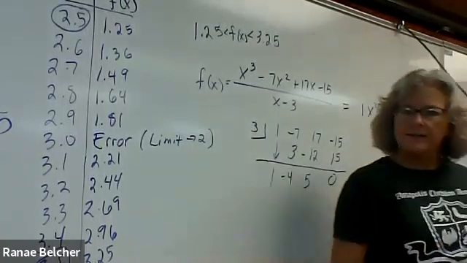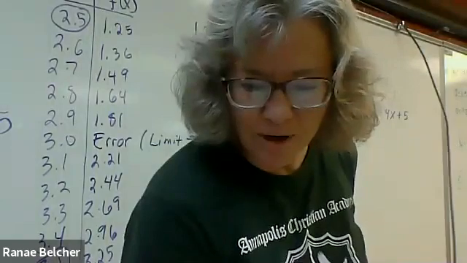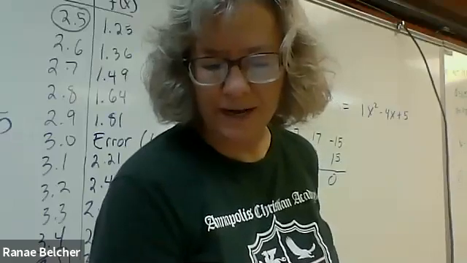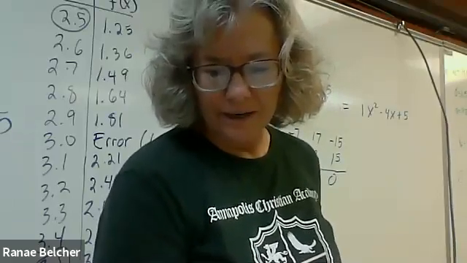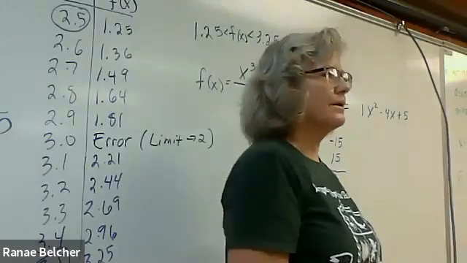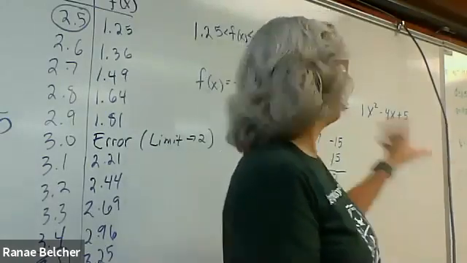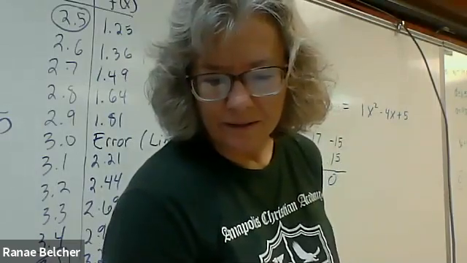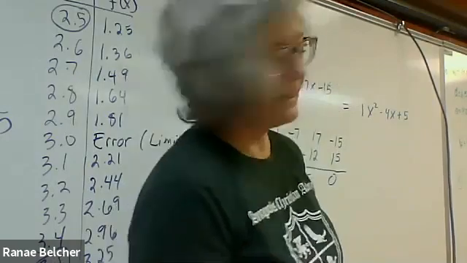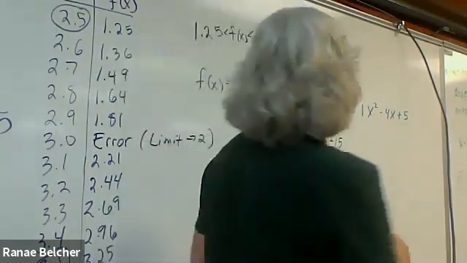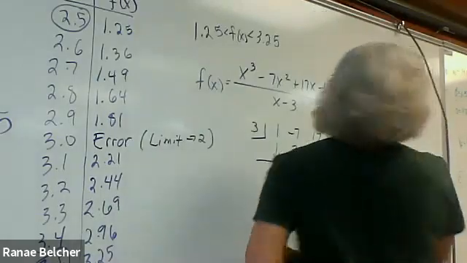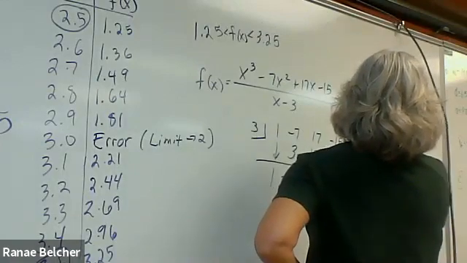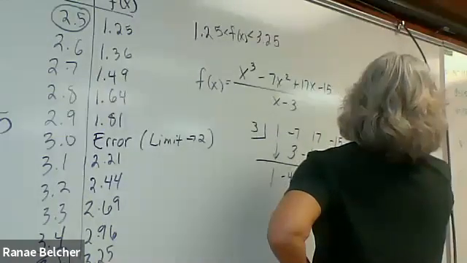Okay, and then it says to solve numerically to find the two numbers close to 3 between which x must be kept if f of x is to stay between 1.99 and 2.01. And what do they mean by numerically? Solve numerically. It's not algebraically, but what we can do is put f of x close to, let's say, 1.99. f of x is x squared minus 4x plus 5.